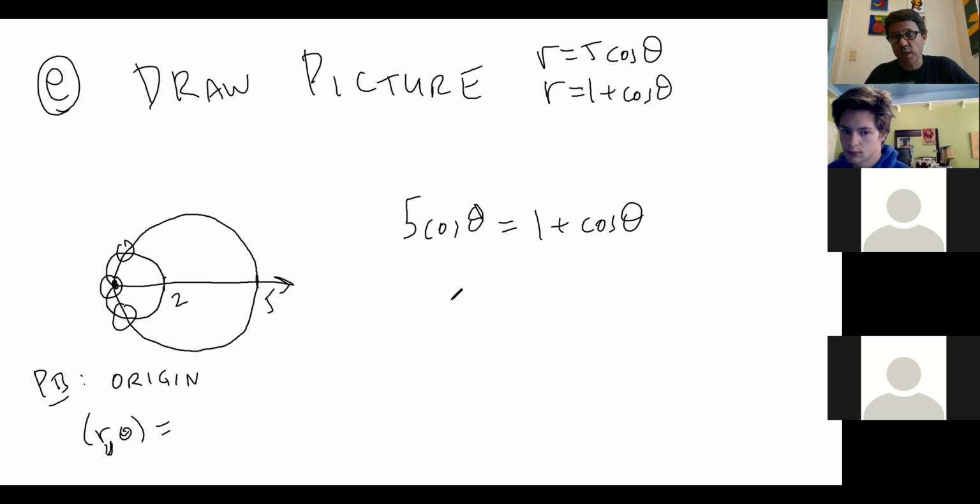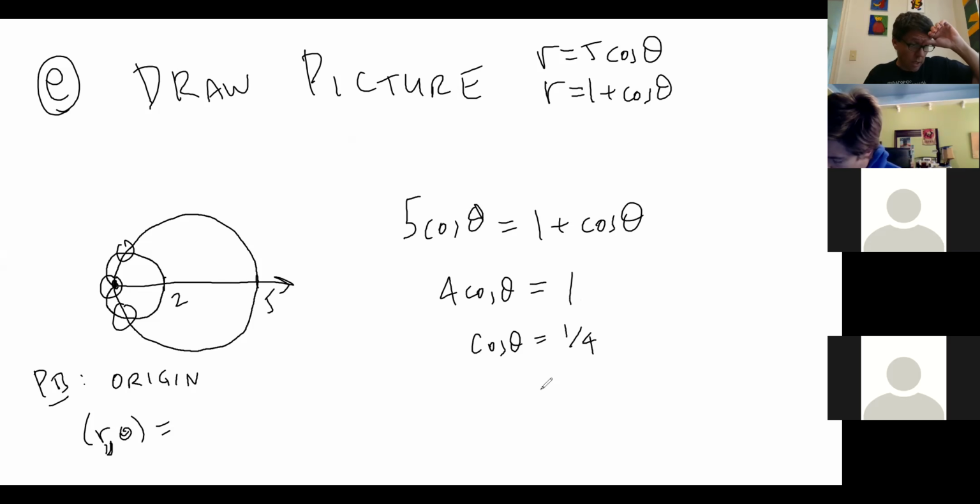So, you can subtract one of the cosines off, and then you'll get cosine theta is a quarter. And then you need to find what theta is. And there's 2 answers for that.